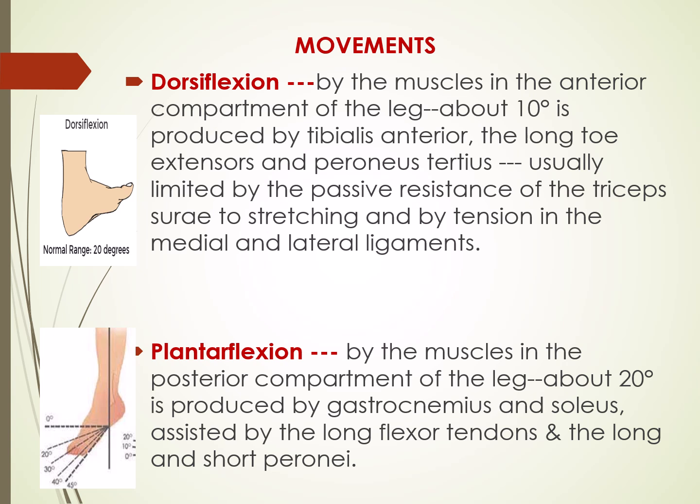Now what happens during dorsiflexion? During dorsiflexion the ankle joint is a stable joint, whereas during plantar flexion the ankle joint is not a stable joint. The reason behind this is that the talus, which forms the lower articular surface, has a narrow posterior part and a wide anterior part.